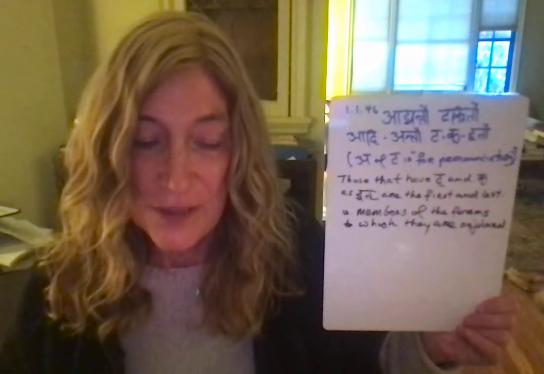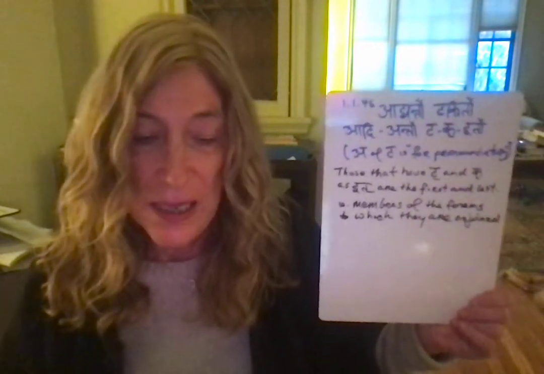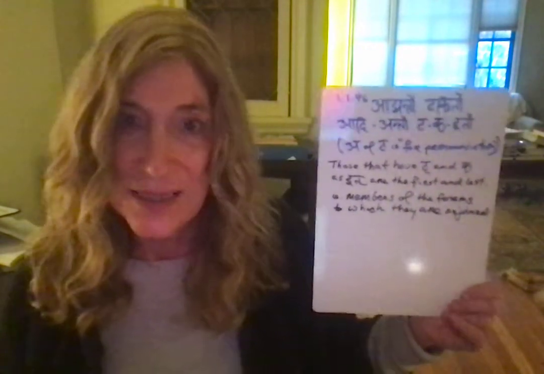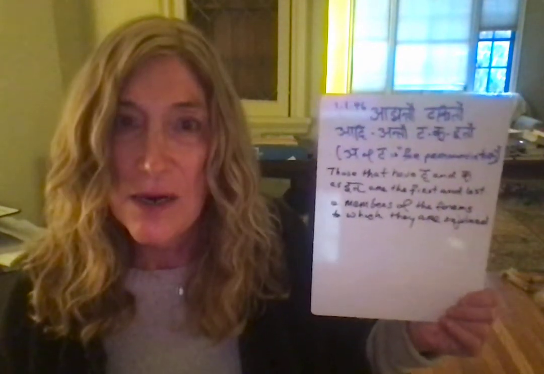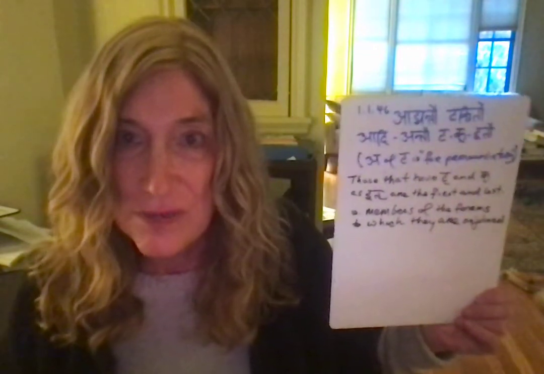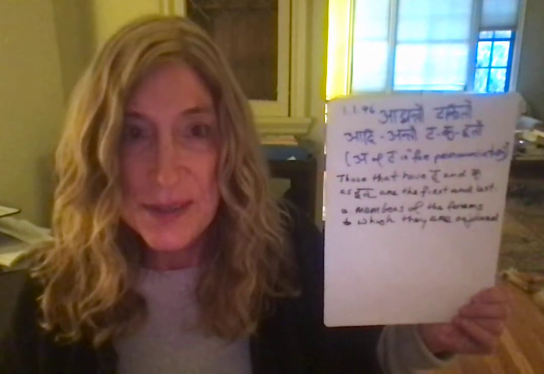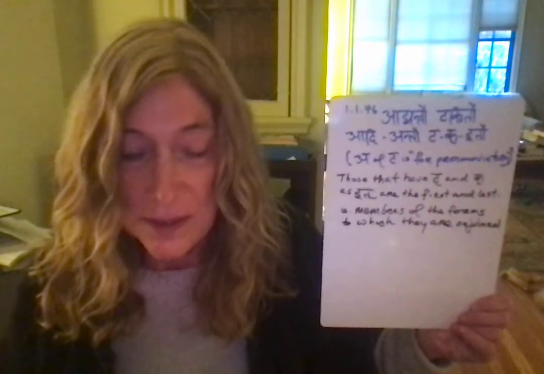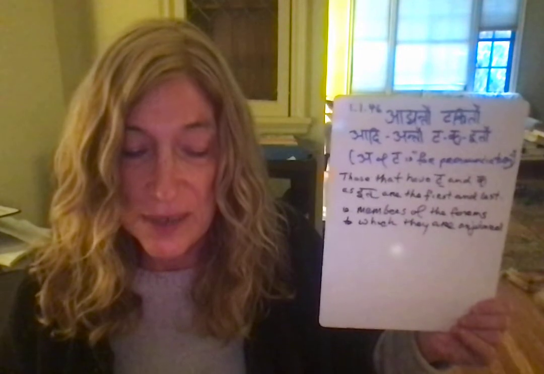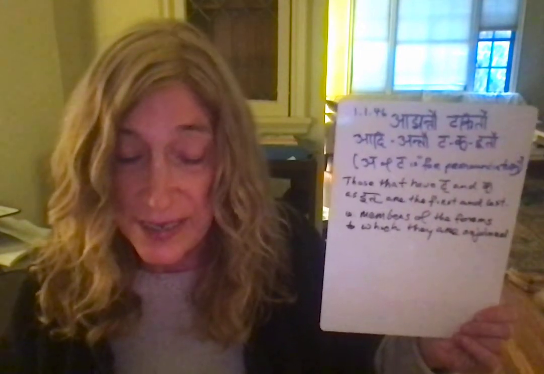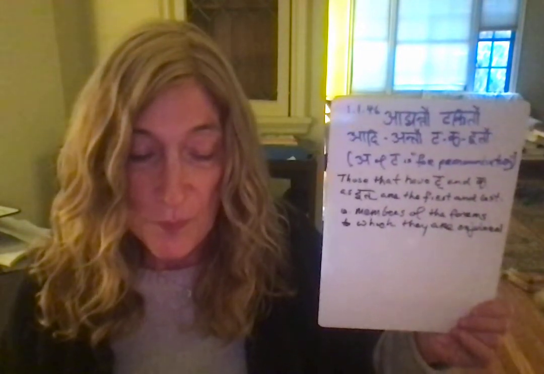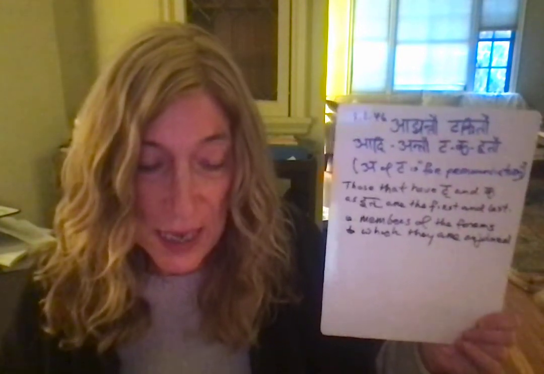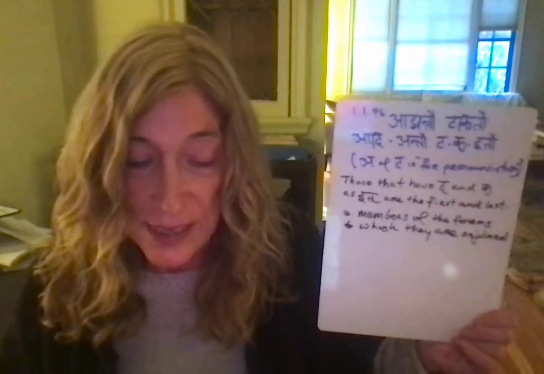Now we have these two dvandvas, adyantao, takitao. It makes sense, it's intuitive that they are in relation to each other. So we take the meaning to be those that have t and k as it, takitao, are the first and the last, adi antao.